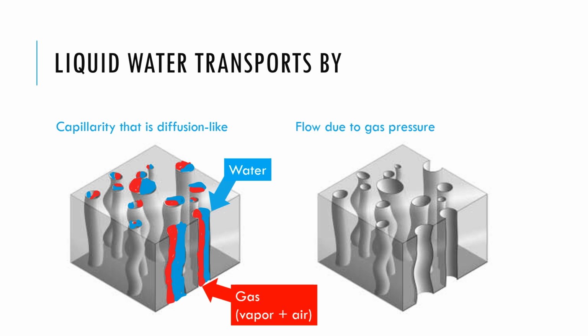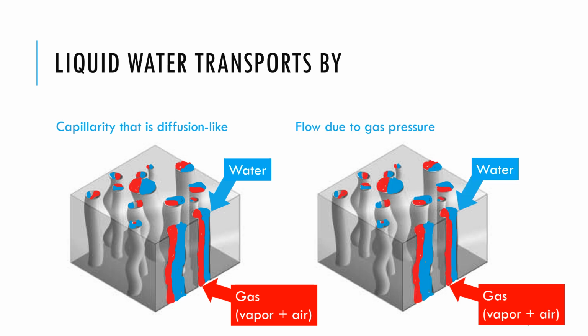But water can also flow due to gas pressure. So if we have high pressure on one side and low pressure on the other, then there can be flow of the liquid due to gas pressure. So the liquid can move by gas pressure and by capillarity.